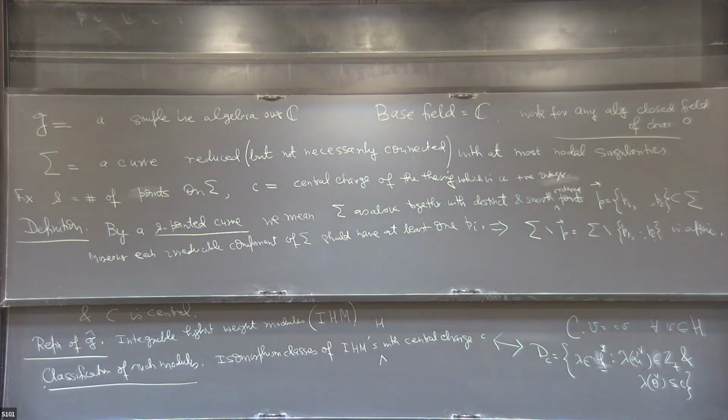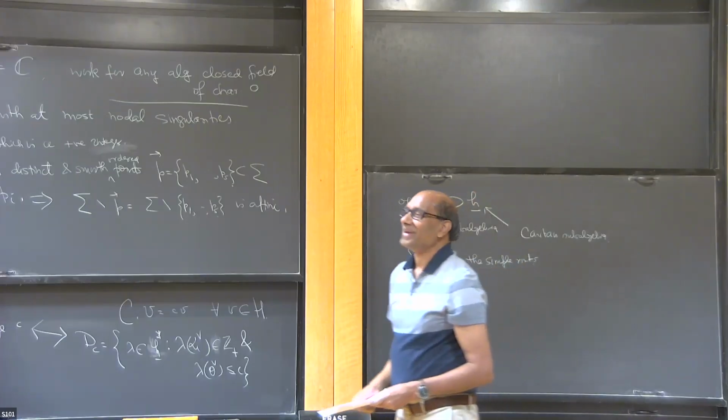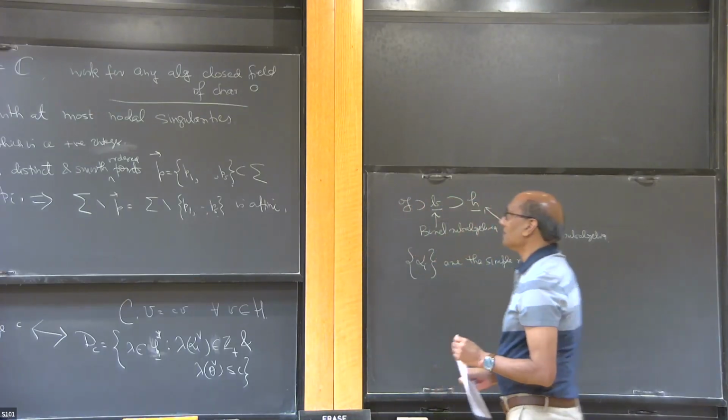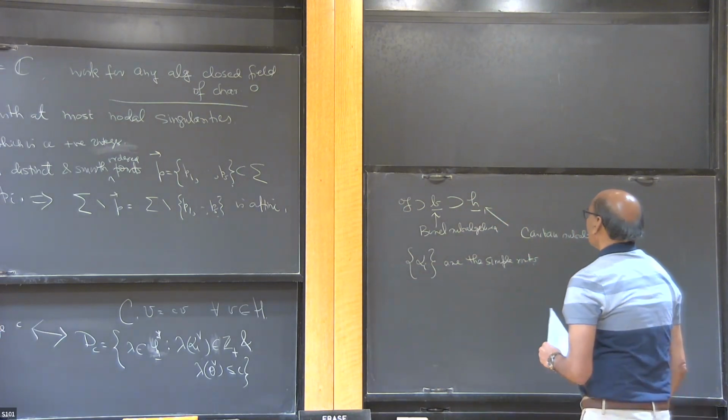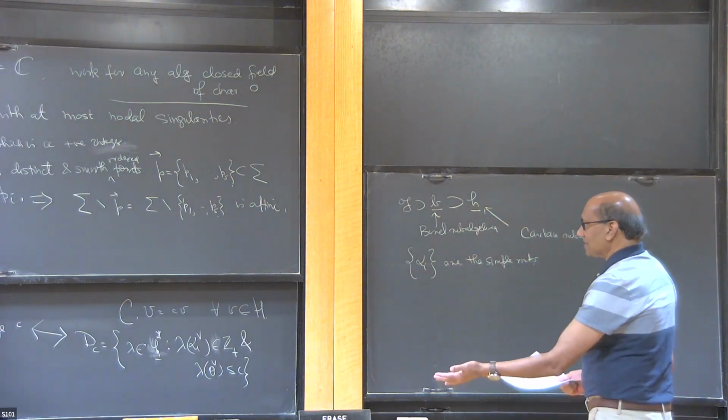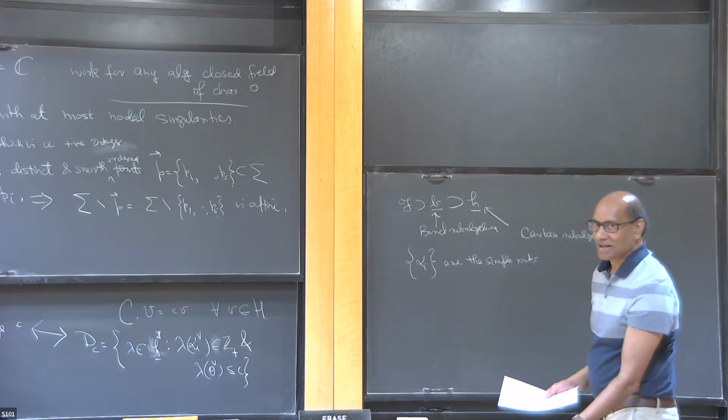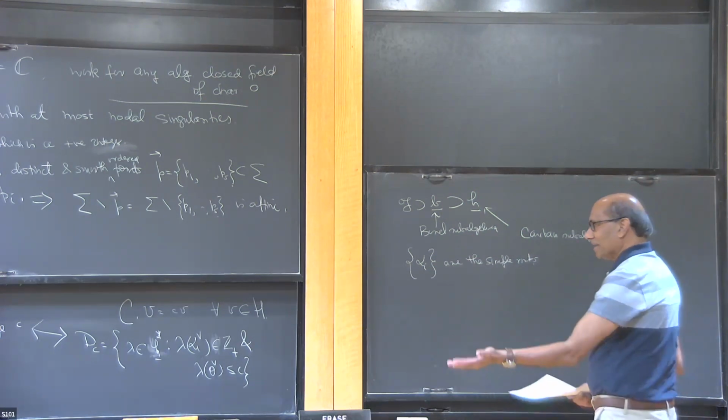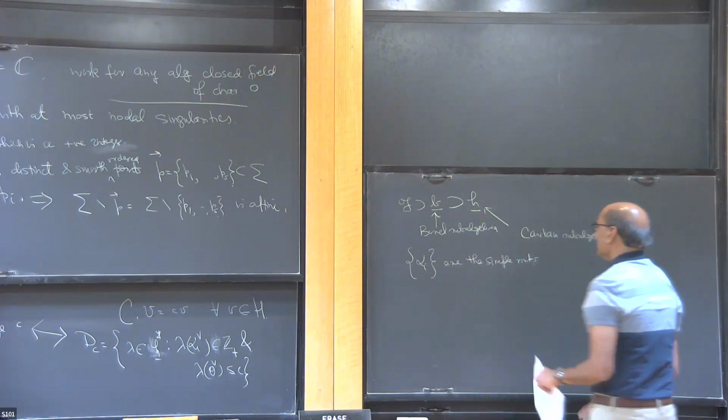For 0, you would have just the trivial representation. Exactly. There are some things which might not be quite correct there, but in any case, as you point out, it's the trivial representation.